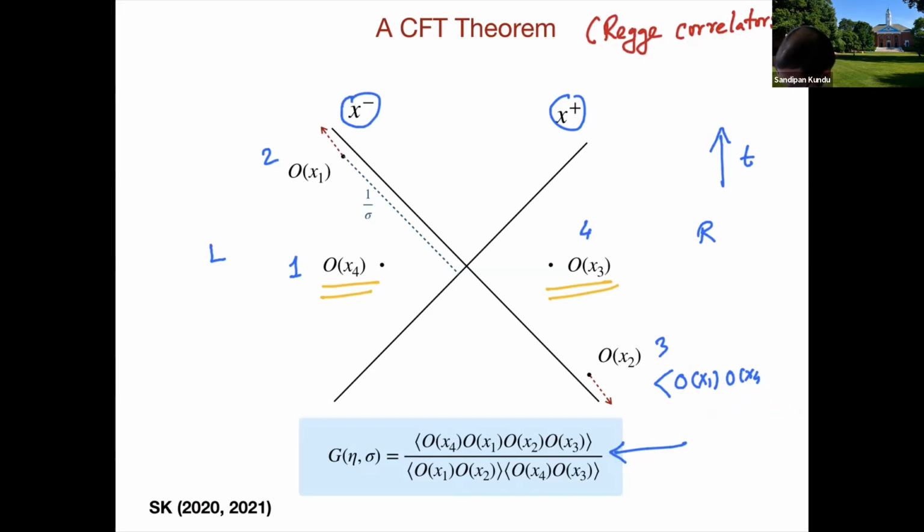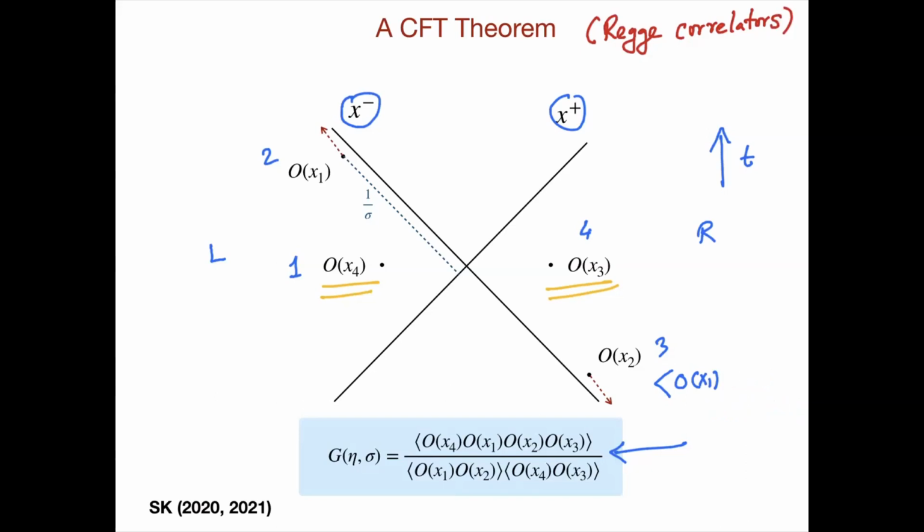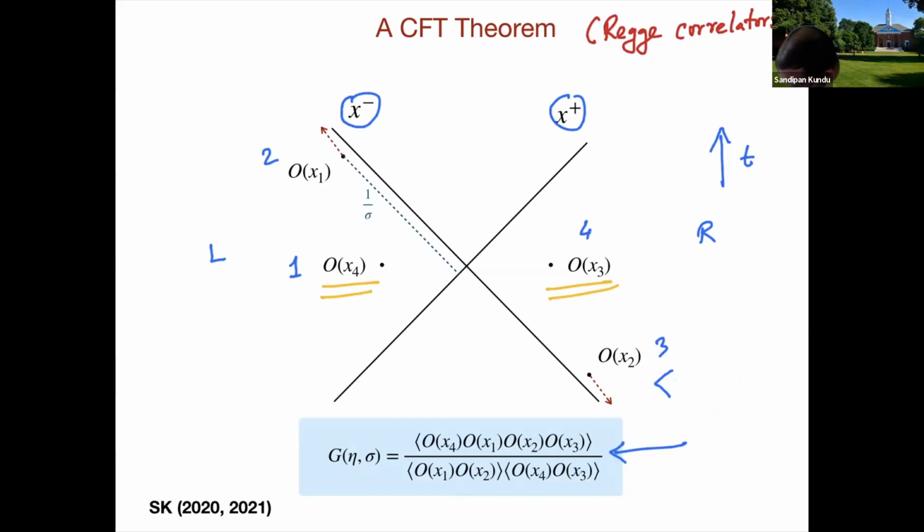I'm sorry to disrupt. No, this is basically my iPad. Let me write it somewhere bigger. Okay, let me write it here. So this is basically O(X1), O(X4), and O(X2), O(X3).